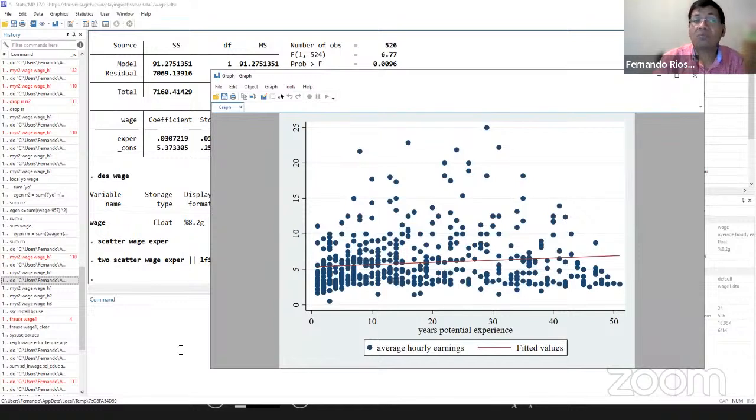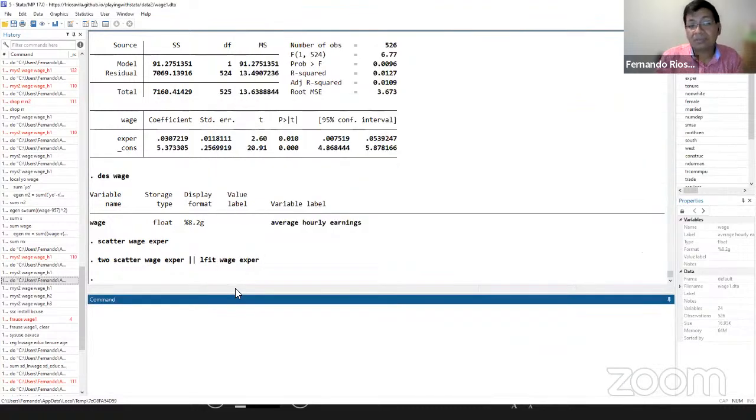You have the dots showing the relationship between wages and experience, and this red line is the fitted values, coming directly from the model that I had before. However, again, is a linear model really appropriate? Let's see.